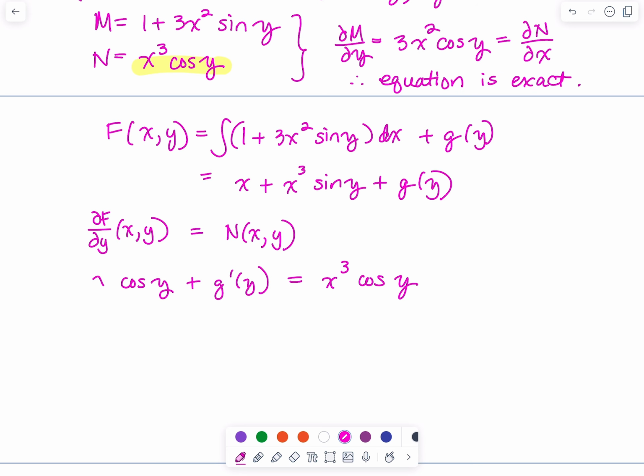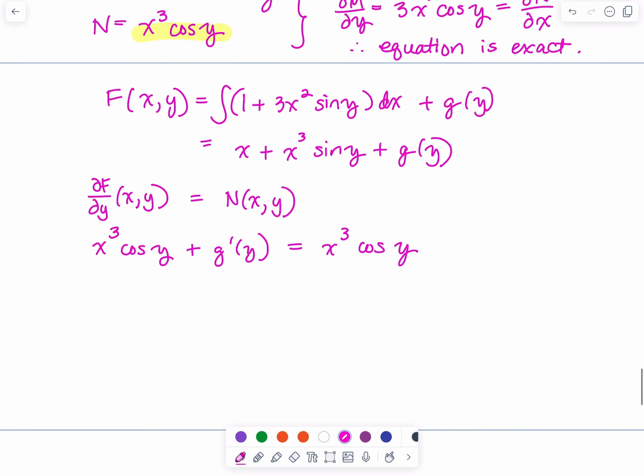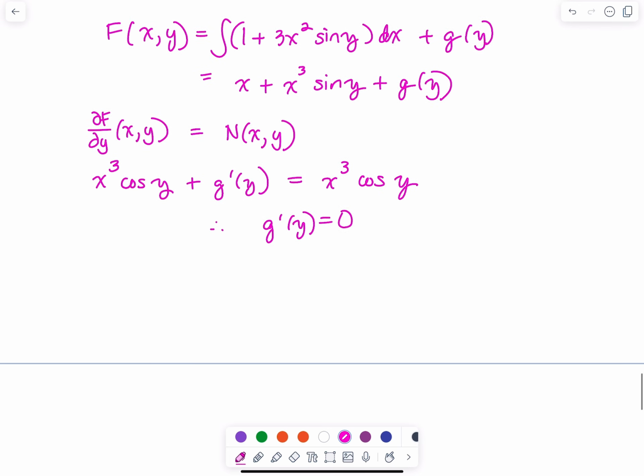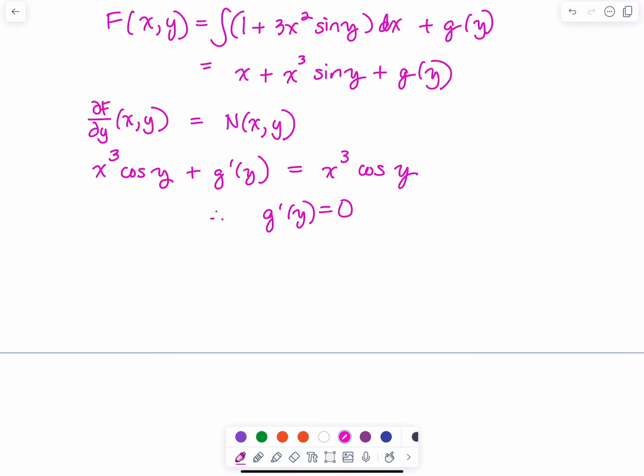Okay, so therefore, g prime of y is equal to 0, and g of y would just be a constant absorbed in our final solution.